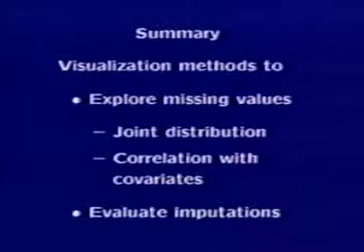In summary, we extended existing visualization methods, such as the parallel coordinates plot and linked brushing of scatter plots, to support the exploration of data sets with missing values. We explored the joint distribution of the missing values and their correlation with covariates. We also compared and evaluated a pair of imputation schemes.